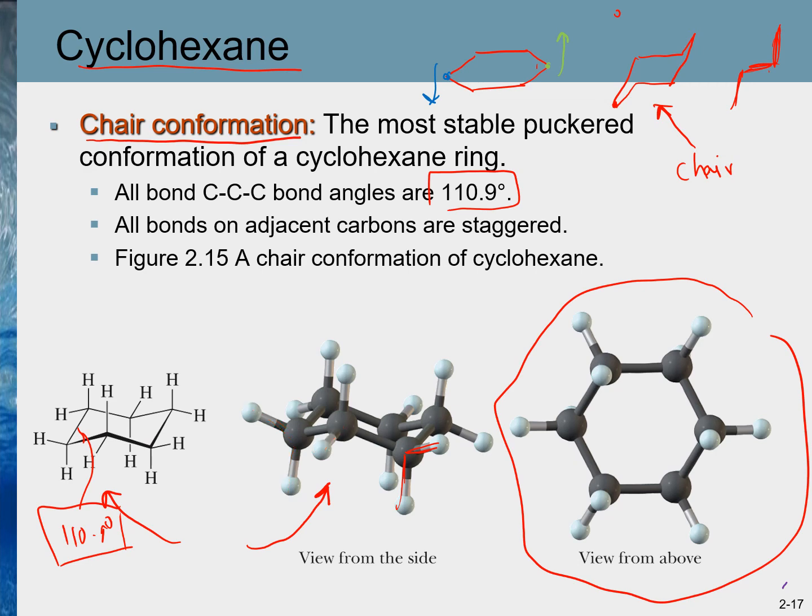Another important thing to remember here is that in the chair conformation of cyclohexane, we have 12 hydrogen atoms. Out of those 12 hydrogen atoms, 6 of them are in axial position and 6 of them are in equatorial position. Let me explain what are axial and what are equatorial. Axial positions are those hydrogens which are perpendicular to the plane of the carbon atoms.